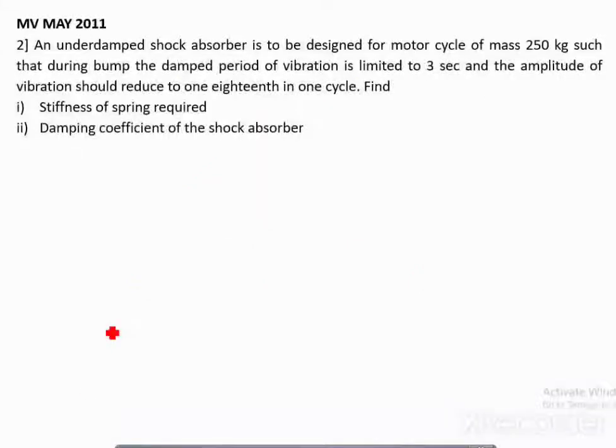Today we'll start with problem number 1. This problem appeared in May 2011. Let's read the problem first, and then I will help you understand how to solve it. Underdamped shock absorber. It is already mentioned that the type of system is underdamped. We know that a shock absorber is used in the automotive suspension system, and it comes under the underdamped system only.